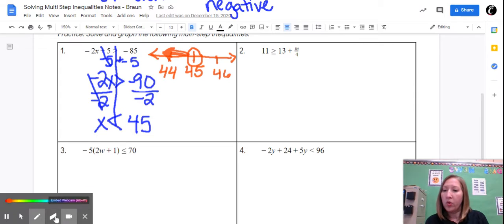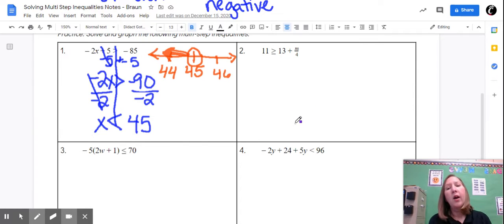Okay, so let's move over here to number 2. For this one, we have 11 is greater than or equal to 13 plus m over 4, or m divided by 4. So again, we want to get our variable on one side by itself. And to do that, I want to get rid of this plus 13.